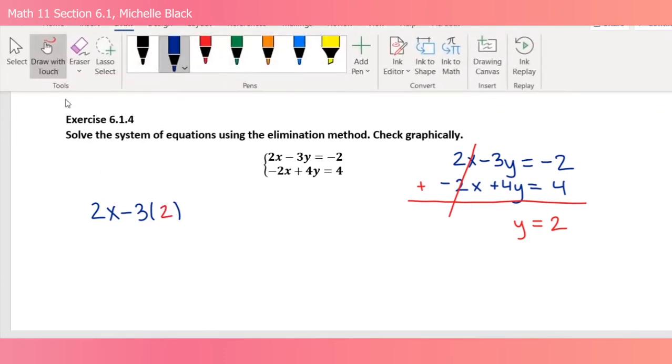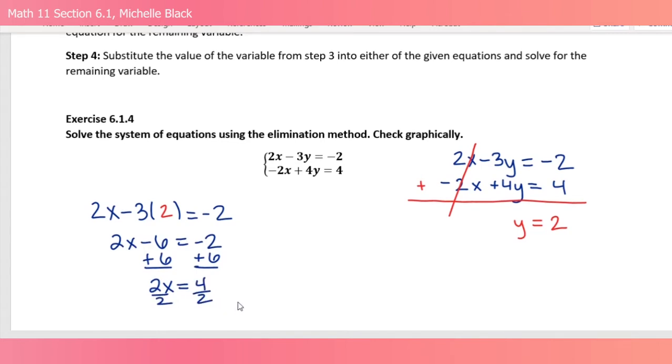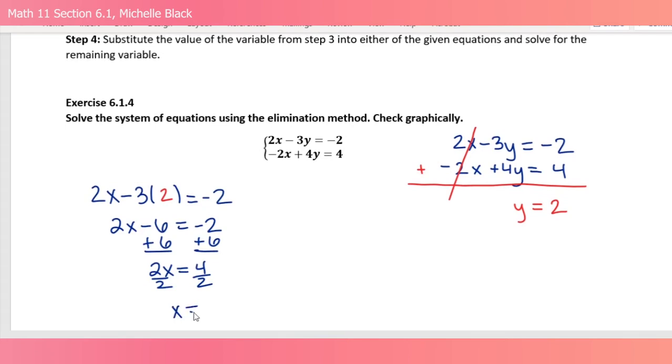And this leaves us with an equation that only has an x that we need to solve for. And we get back x equals 2. So the solution to this system is the point 2, 2.